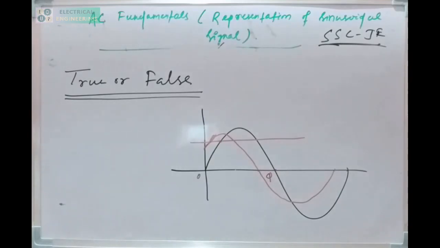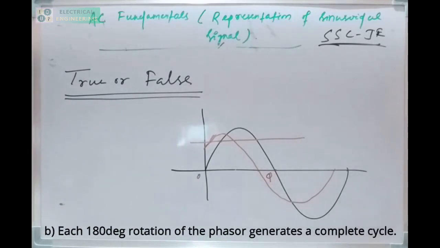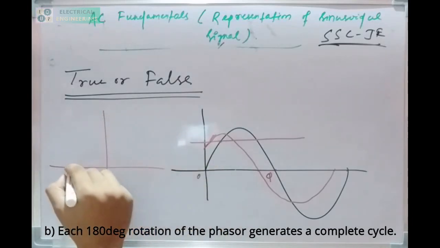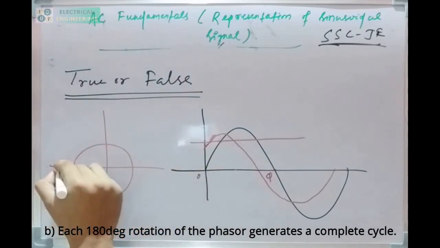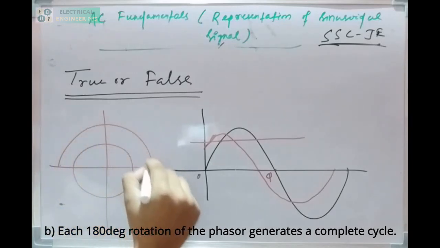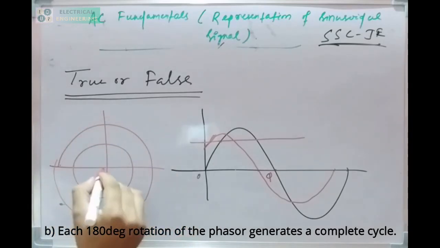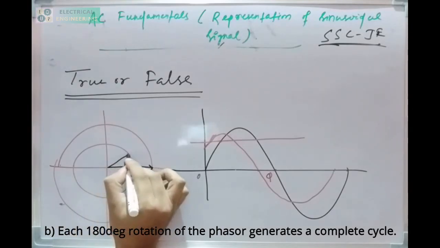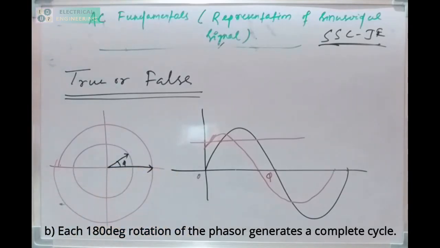Let's go to the next statement. Each 180-degree rotation of the phasor generates a complete cycle. If I draw the phasor again for current, this is for voltage. This is the phasor line for voltage and this is the phasor line for current. The phase difference is phi. Here you can see the complete rotation is 360 degrees.